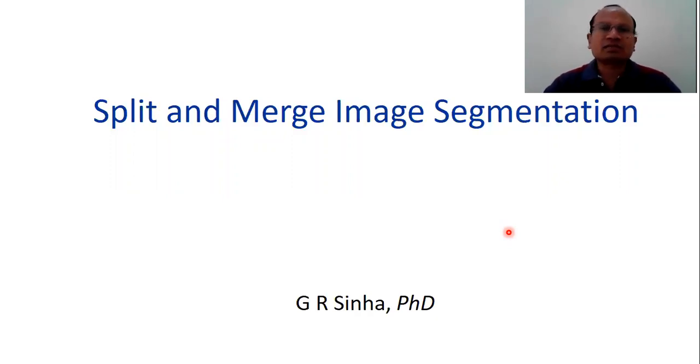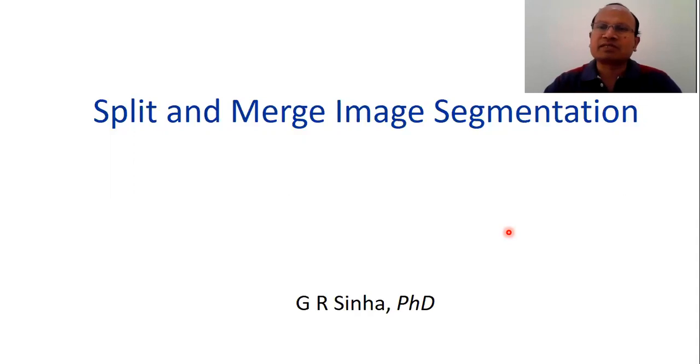We have discussed that there are some criteria upon which image segmentation is classified, and also the ways in which we implement the image segmentation. Accordingly, there are two main types.